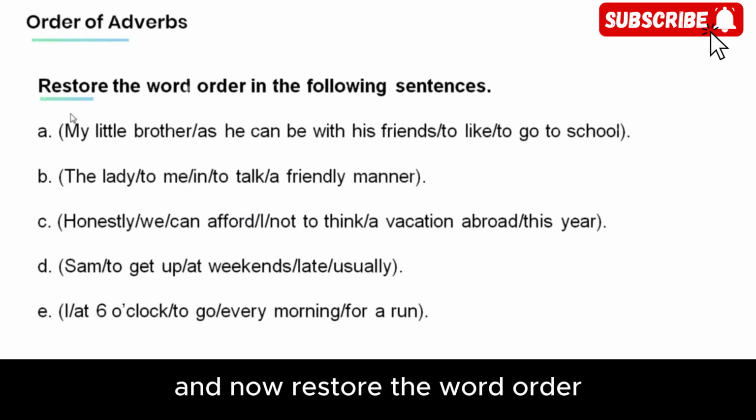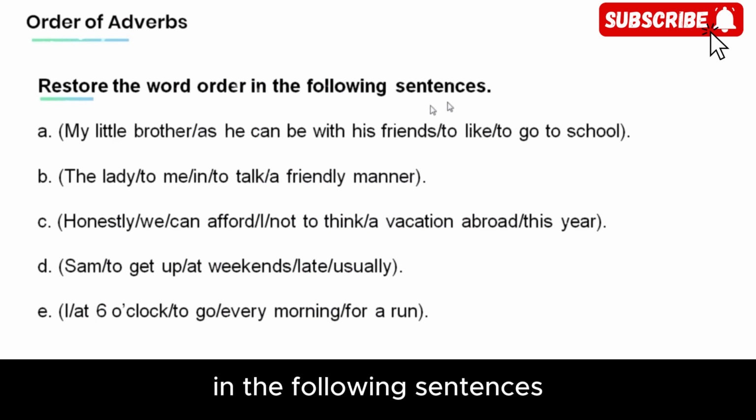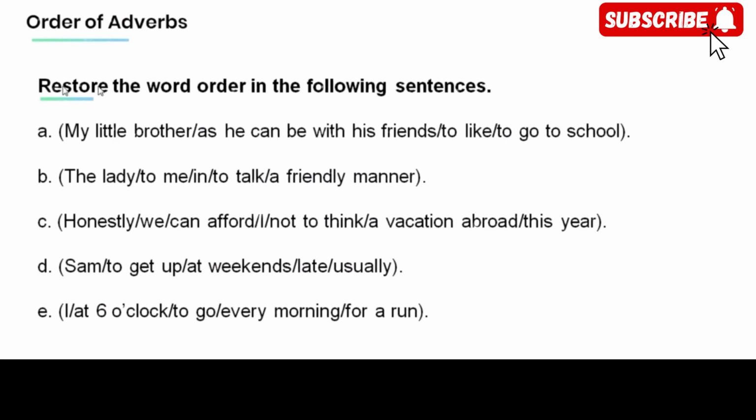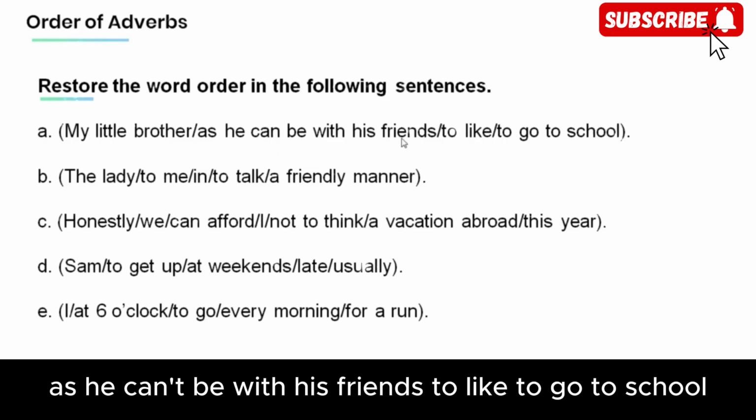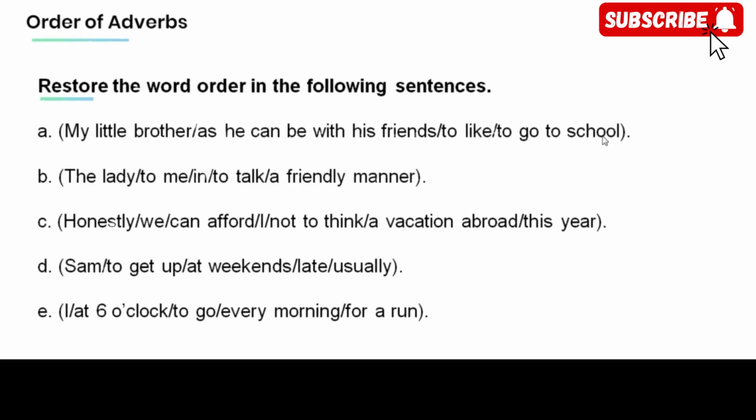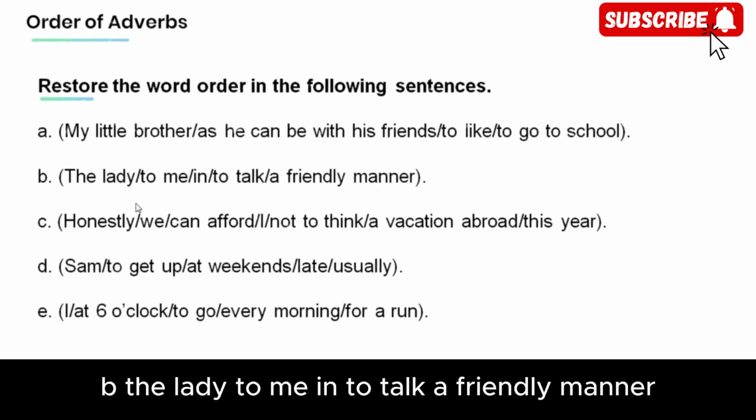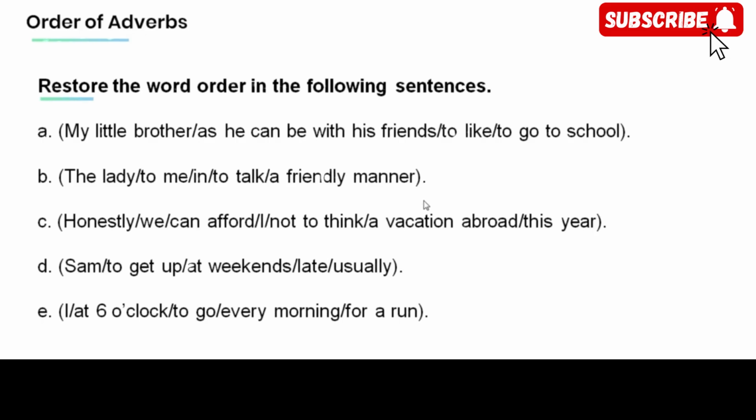And now, restore the word order in the following sentences. A. My little brother, as he can't be with his friends, like to go to school. B. The lady to me in to talk a friendly manner.